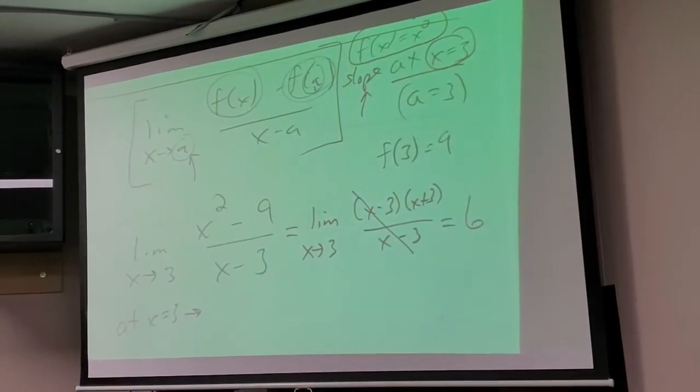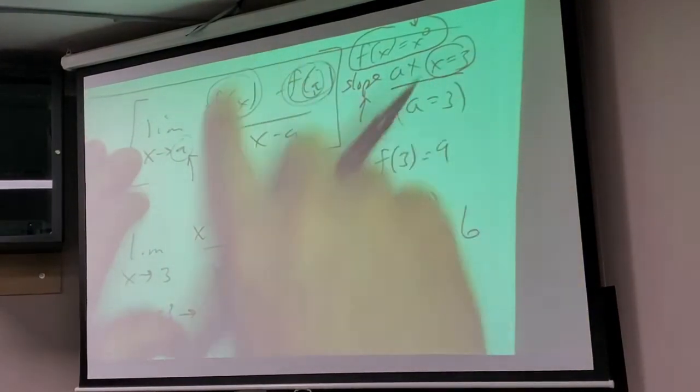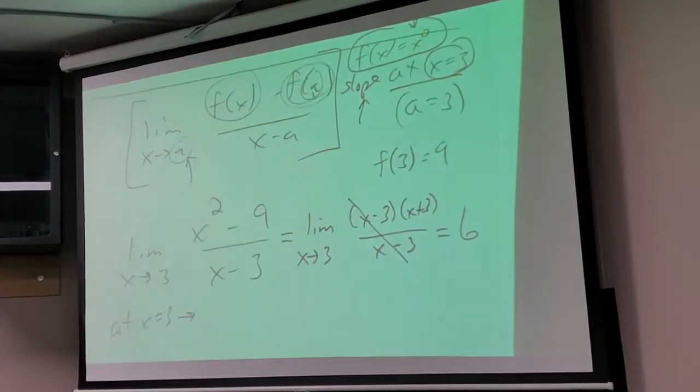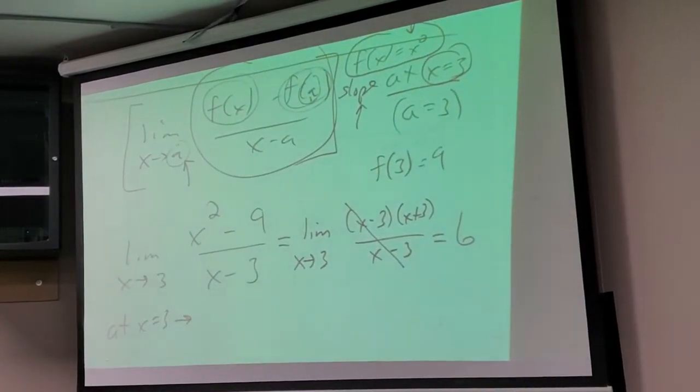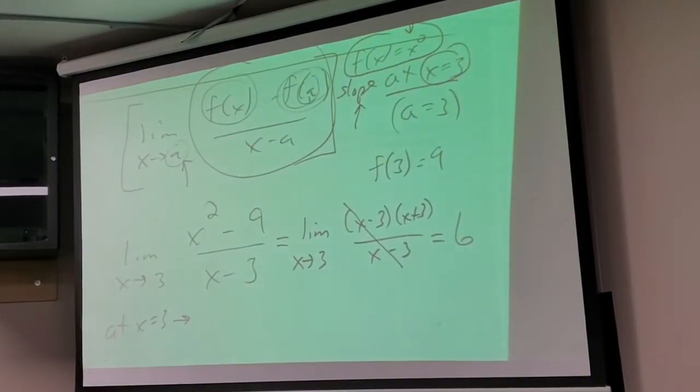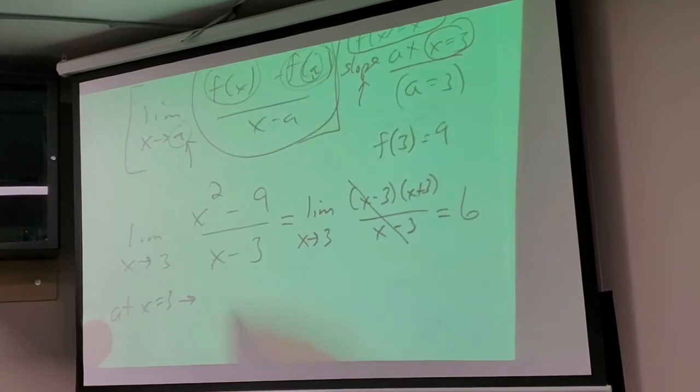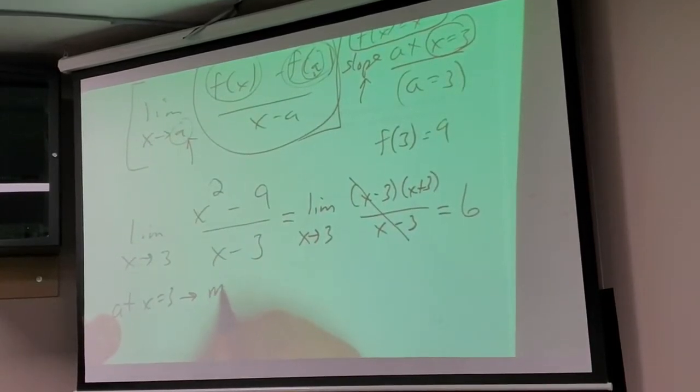Okay, let me stop for a minute. So we have the idea of limit that exists by itself. Whatever function I put inside of it, it will discover what the limit of that function is. What is this function I put inside of it? The slope. So at x equals 3, the slope is 6.